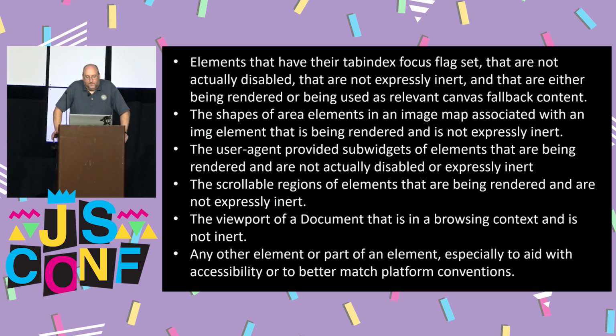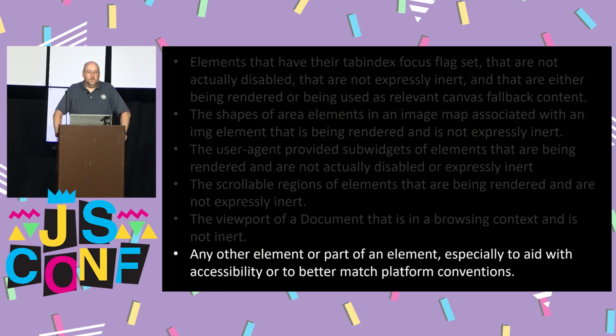But honestly, if you just look at it, it's complicated and it's confusing. And even if you read the whole thing and get down to this last line right here, this basically says that browsers can make anything they want be focusable or not at any time. So trying to determine what is focusable is not something we really should be in the business of doing as developers.